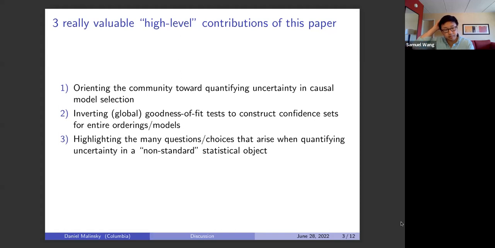And I think that the talk and the paper associated with this talk do a good job of highlighting many questions and choices that arise when quantifying uncertainty in these non-standard statistical objects. And Sam and his co-authors provide answers to each of those questions, which I think are reasonable answers. In many cases, there are other answers that may also be reasonable, and so that's what I just want to highlight here.